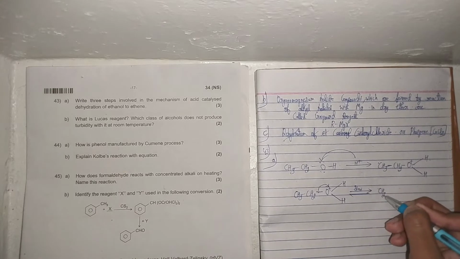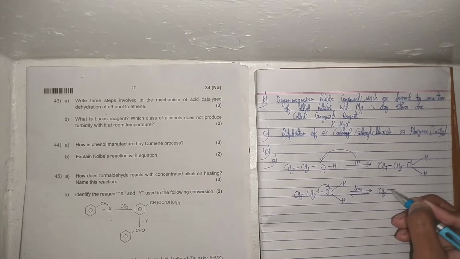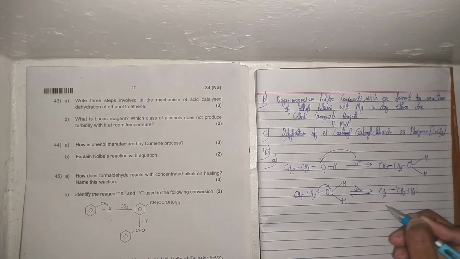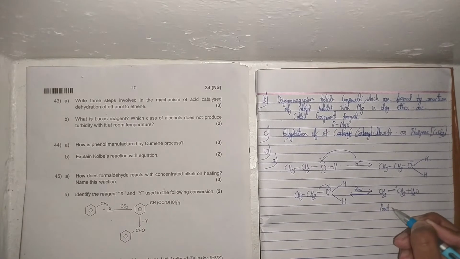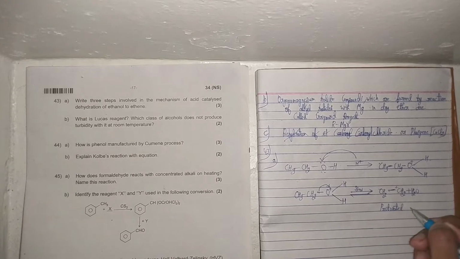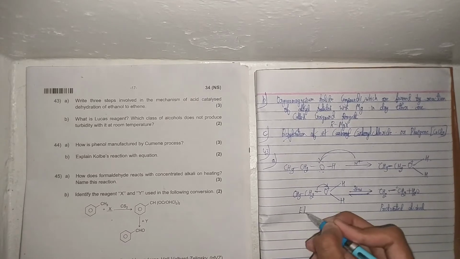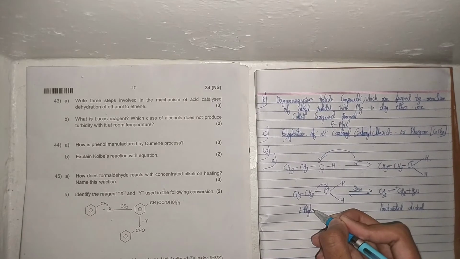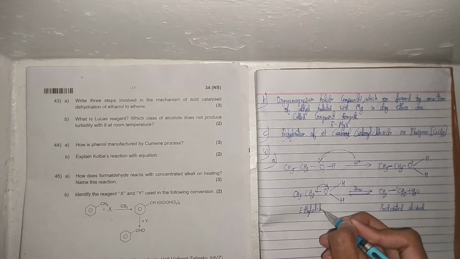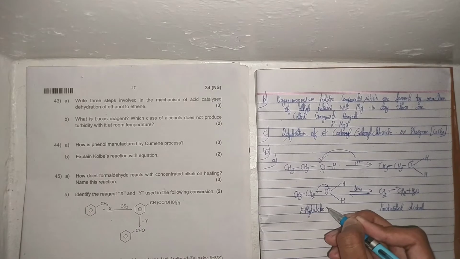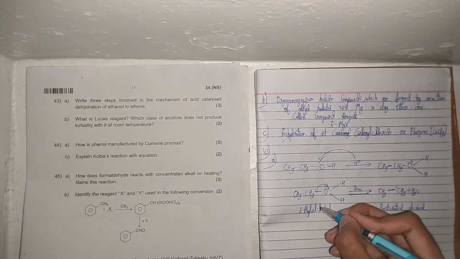And CH3CH2+ plus H2O. This is the protonated alcohol; here ethyl alcohol we have taken.